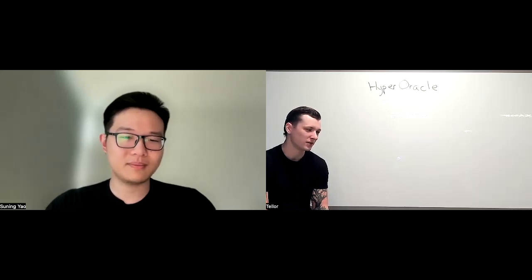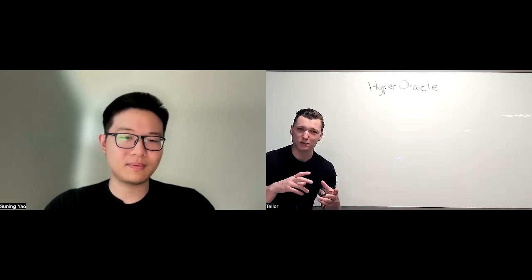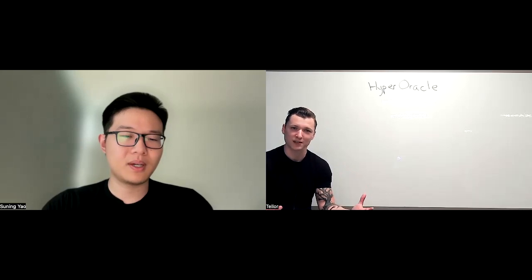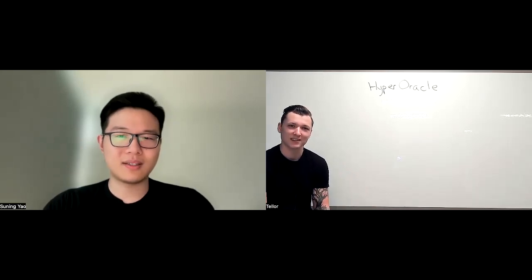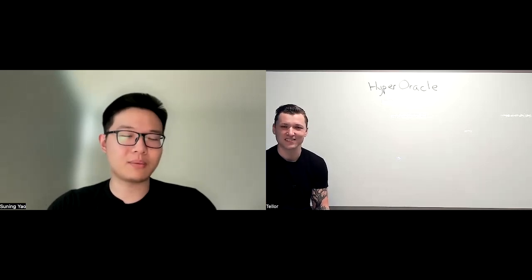Cool. So you guys are an Oracle, but sort of a reverse Oracle, right? Yes, that's right. Actually, the original name for our protocol was ZK Graph, because we wanted to build the ZK version of the Graph protocol.